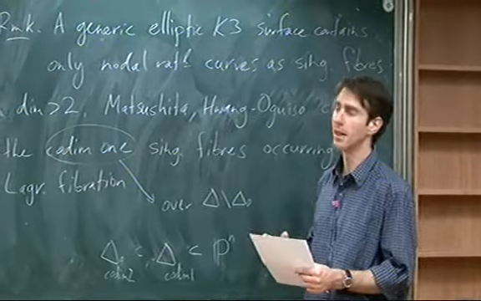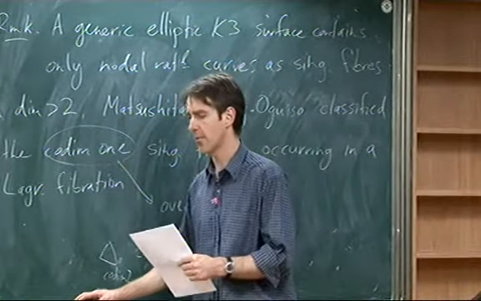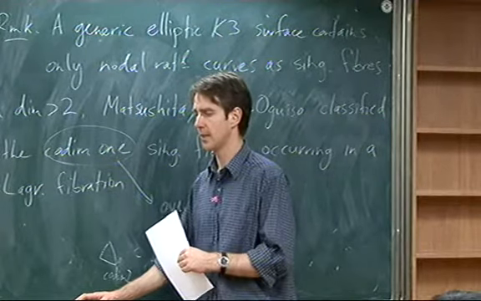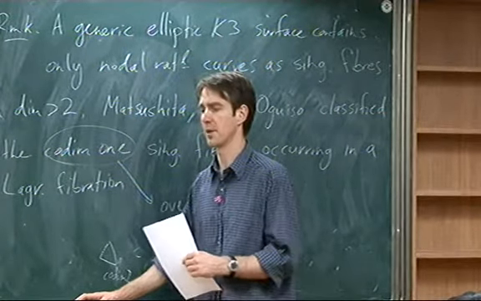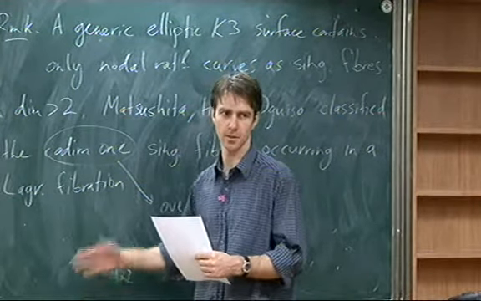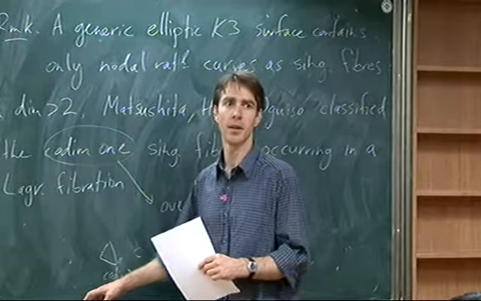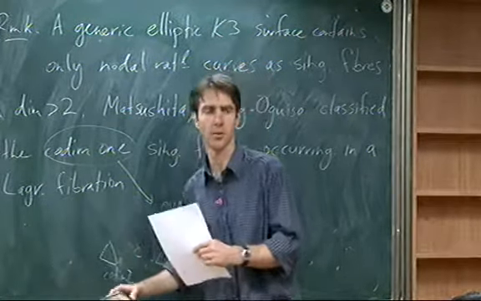And inside there, if you have a Lagrangian fibration, then inside the moduli space is a codimension 1 locus of deformations for which it's still a Lagrangian fibration. And generic point of that.